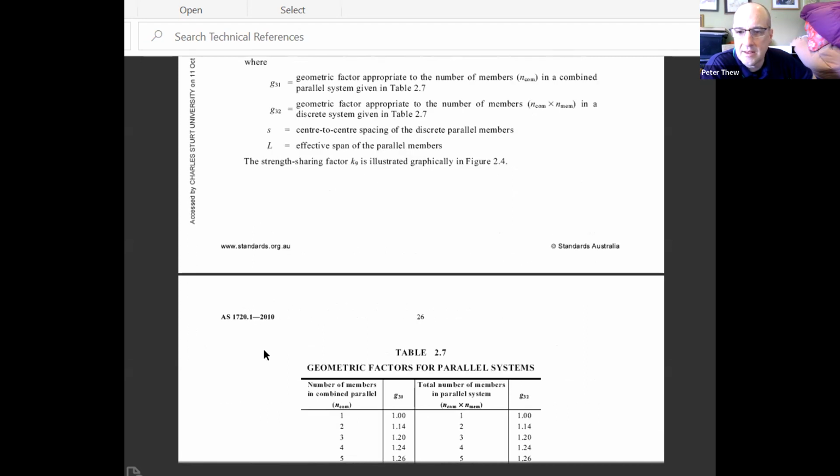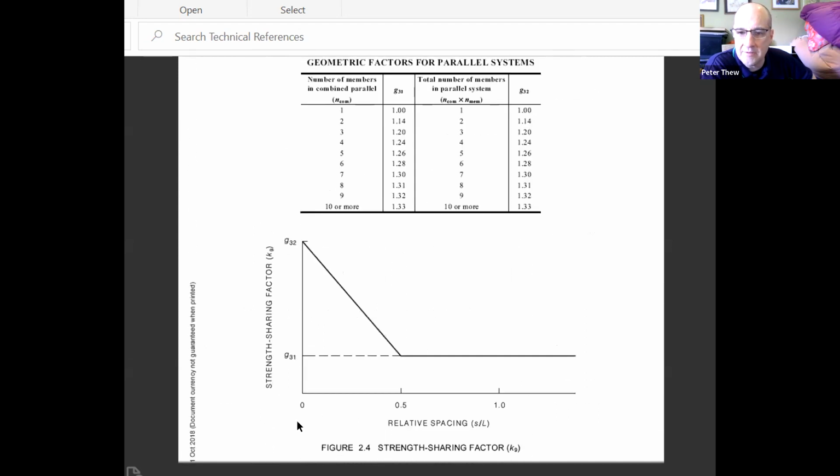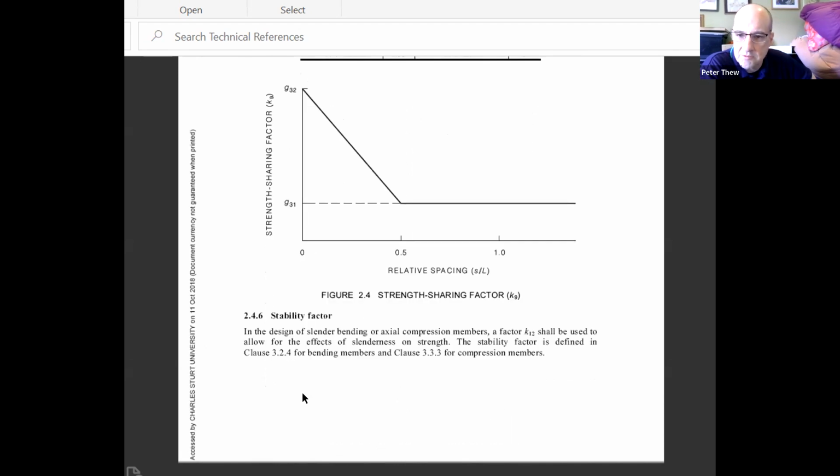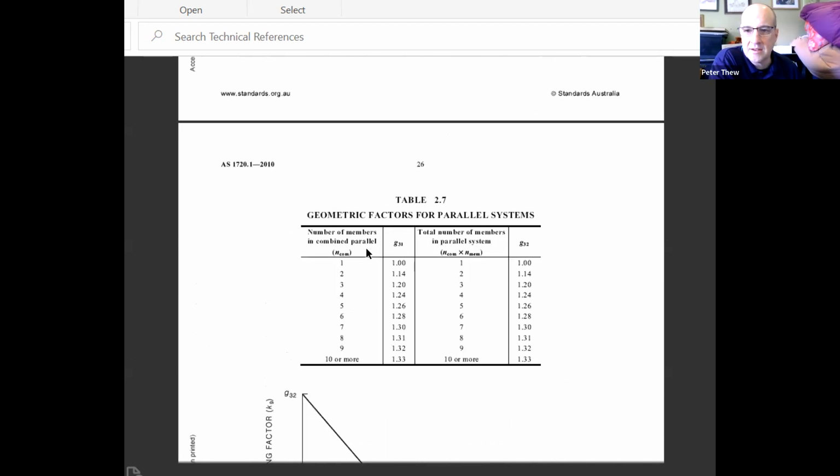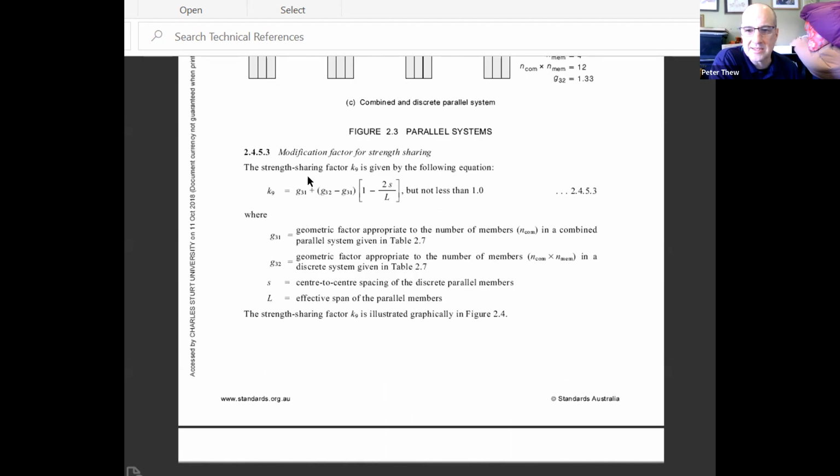All right. Yeah. And the K9 value, what's the range of K9 values? K9 is not less than 1. Okay. So if you do this equation and you get a value that's less than 1, you just take it as 1. All right.